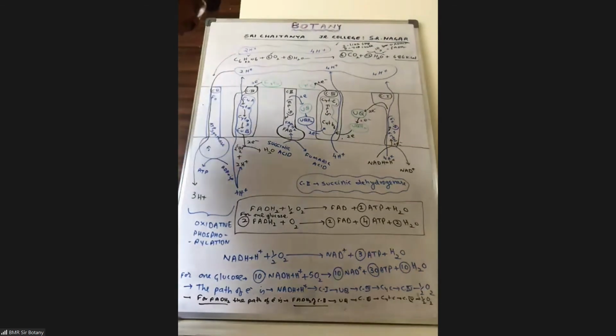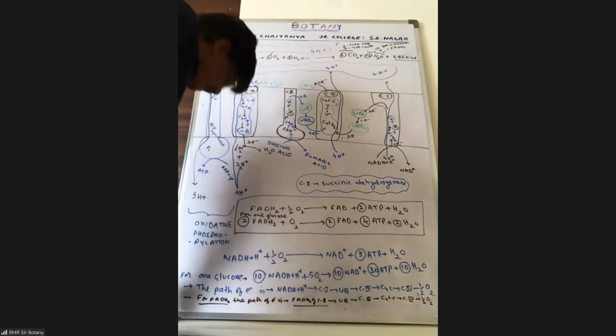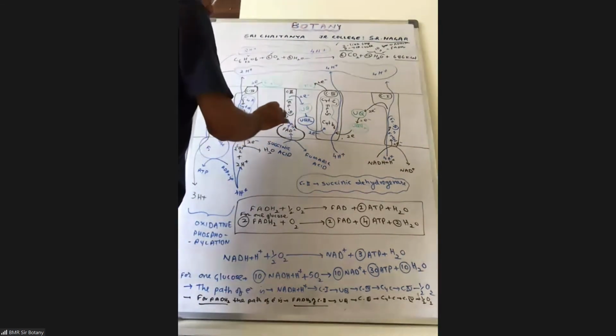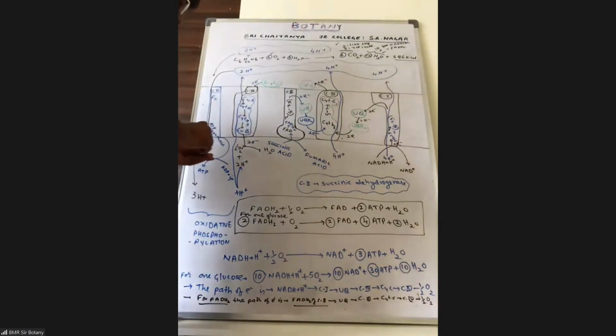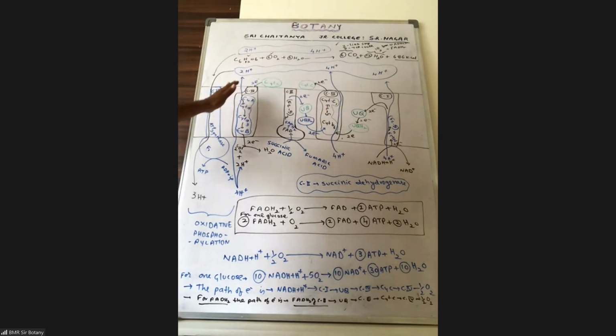Then if FADH2 is the substrate, we start with complex 2, which is nothing but succinate dehydrogenase. That was gathering 2 hydrogens, which are added to the FAD part of it. So complex 2 will again do the same thing, transfer its electrons to ubiquinone and from ubiquinone to complex 3. Complex 3 onwards, same: cytochrome C mobile, then complex 4, then to oxygen.